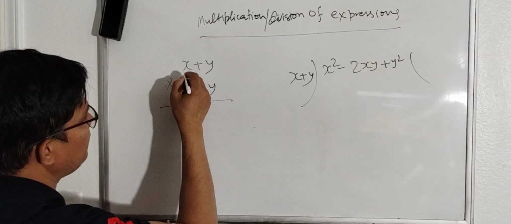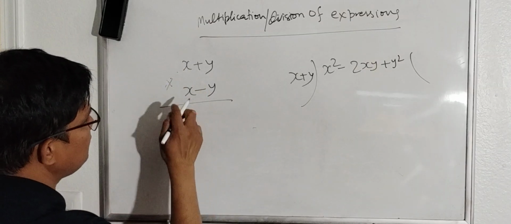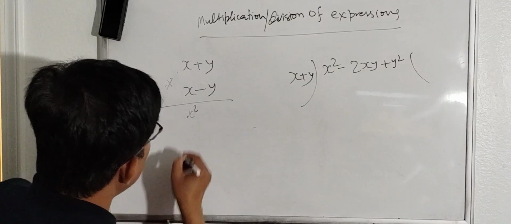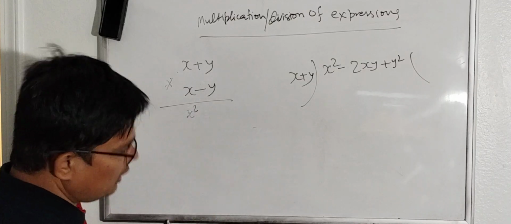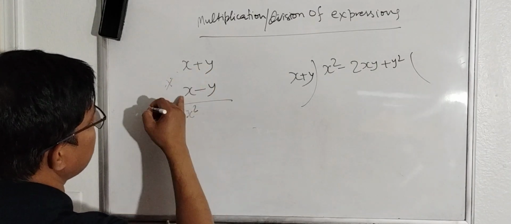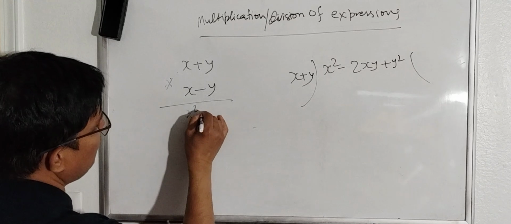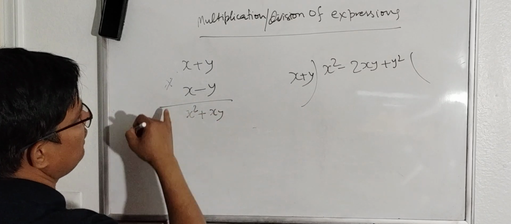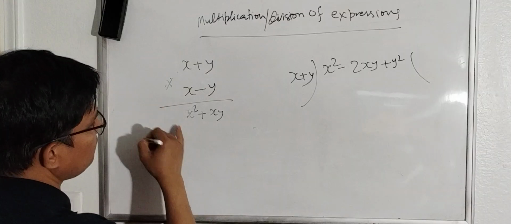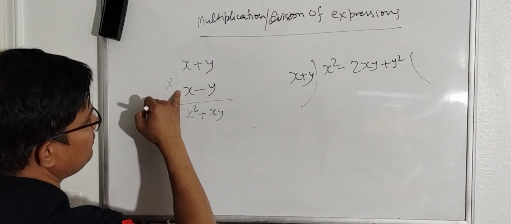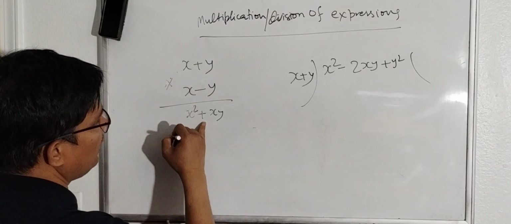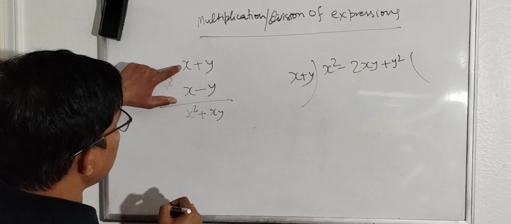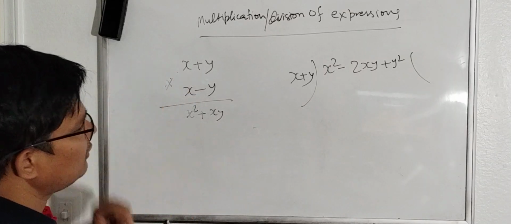What will we get? x times x is x squared, and y times x will be xy. This is a plus sign and this is a plus sign, that's why we have a plus sign here. Now, plus sign here, minus sign here.